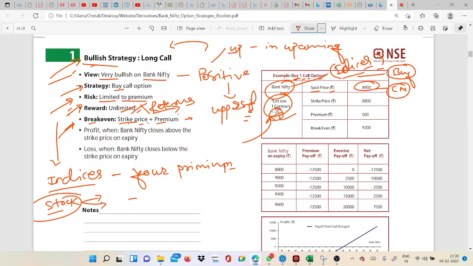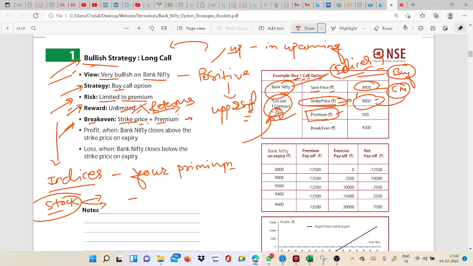Okay, so the strike price means the price at which we are looking to buy, or we have a speculation that the price may go above this, and then we will be in profit. Okay, that is what this is. So the premium that you want to pay to purchase one lot would be around 500.